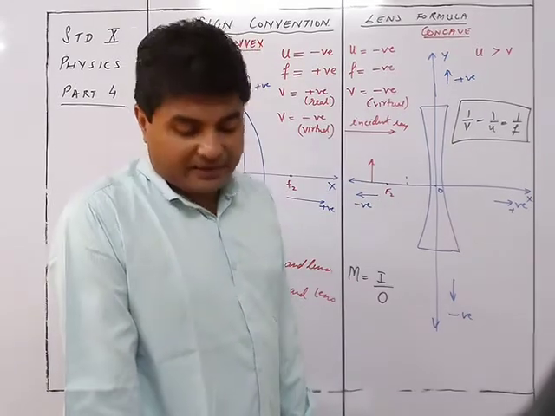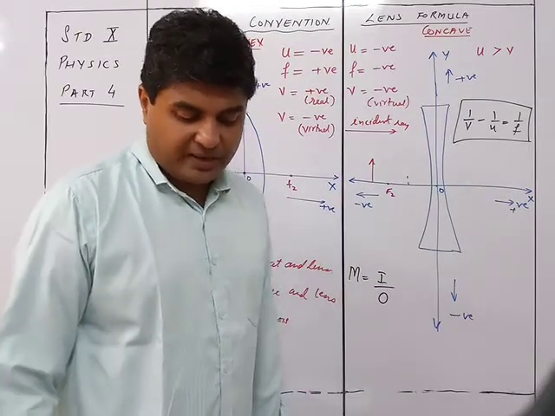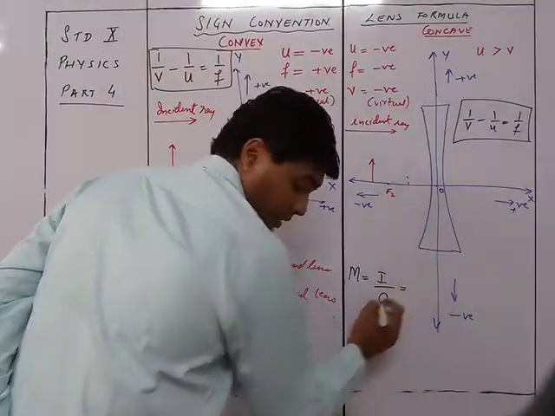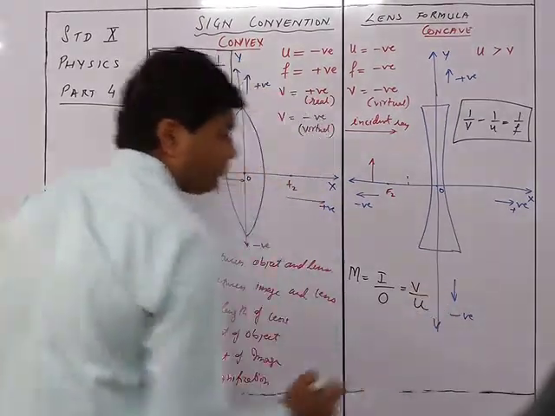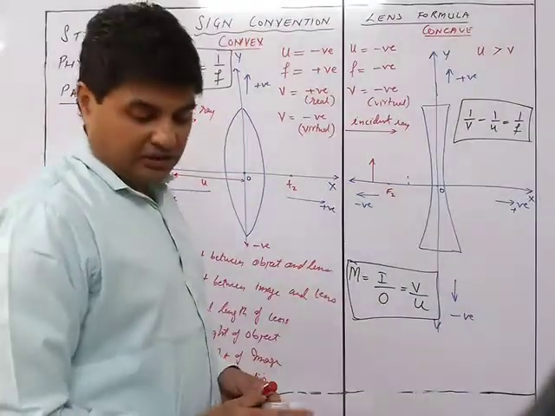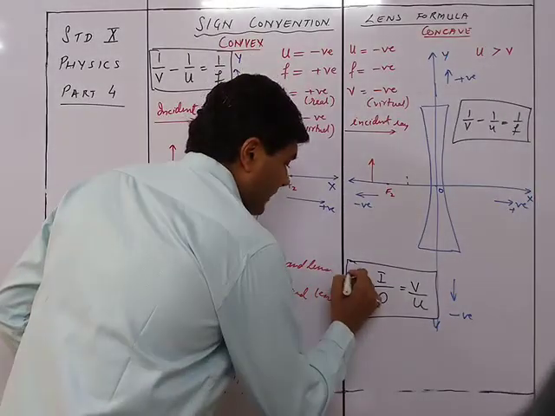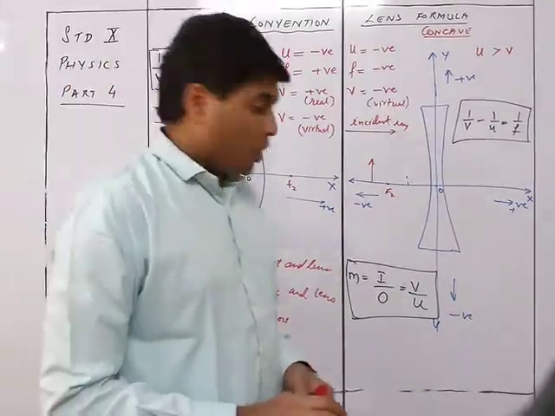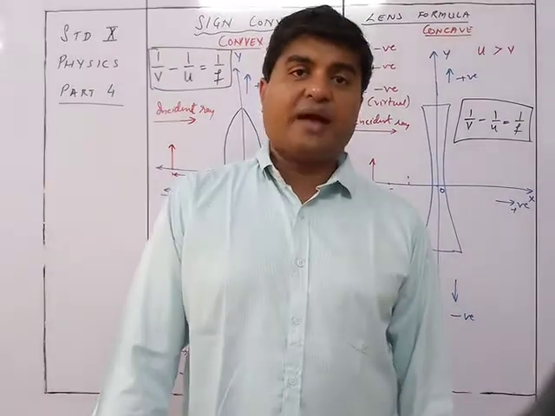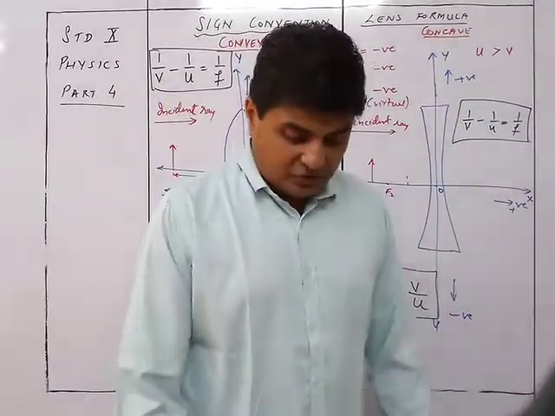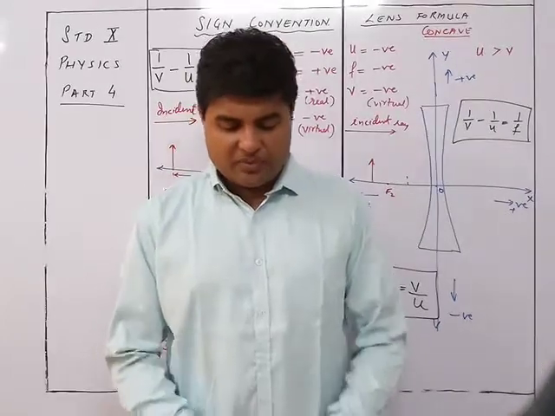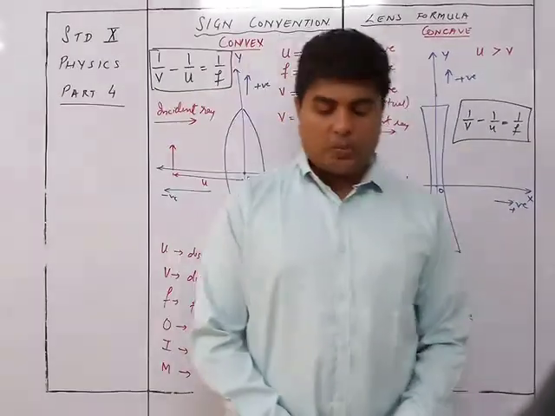It is generally denoted by the letter m and is related to the distance of image V and the distance of object U for both convex and concave lens.